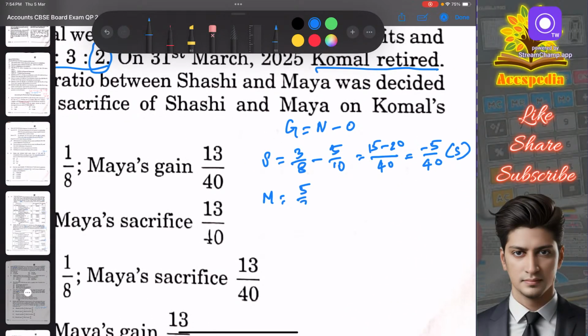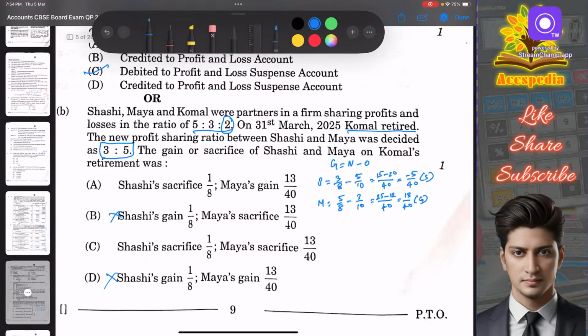That is 5/8 minus 3/10, LCM 40, 25 minus 12, 13/40, so this is gain. So this is the answer A, because here they said sacrifice. This is wrong, so obviously A.